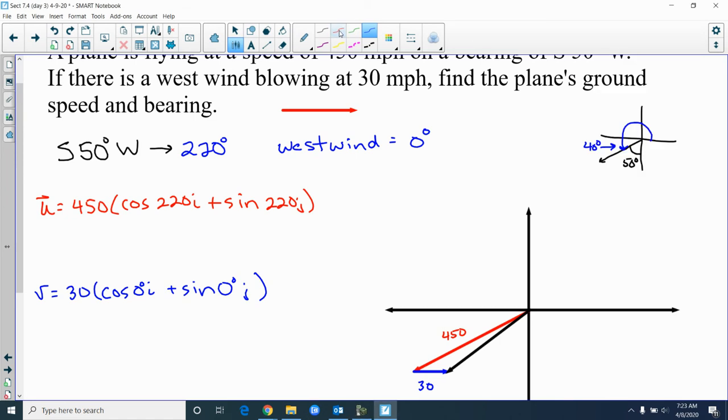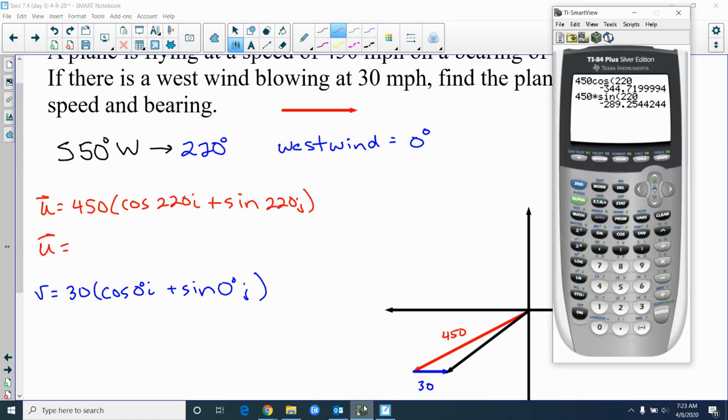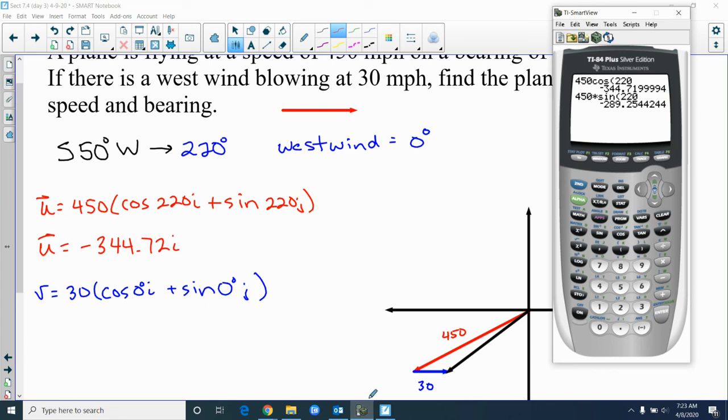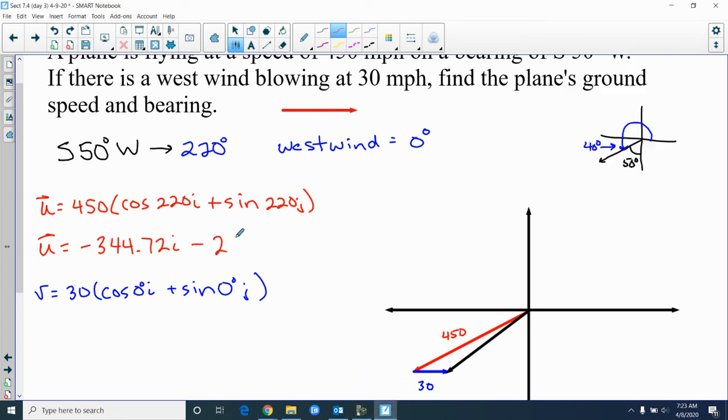Okay, and so that gives me U equals negative 344.72 i minus 289.25 j.